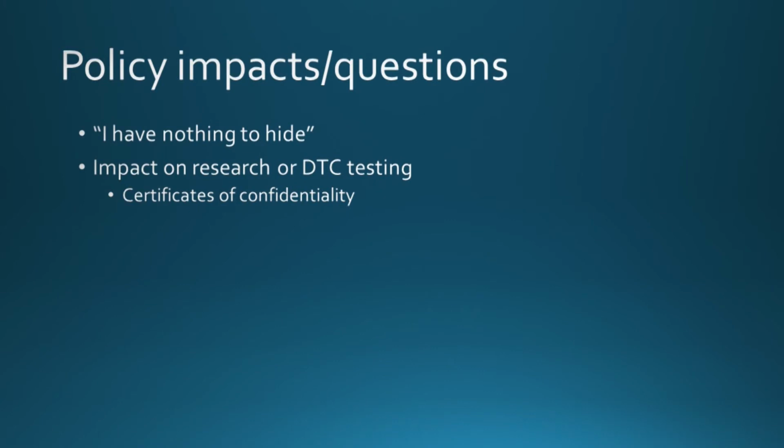Interestingly, the 21st Century Cures Act, which passed Congress a year or two ago, addressed certificates of confidentiality. Certificates of confidentiality existed for research projects, and they say we will not disclose research data to law enforcement. Now, under 21st Century Cures, any research project that is using genetic information will have these certificates of confidentiality.